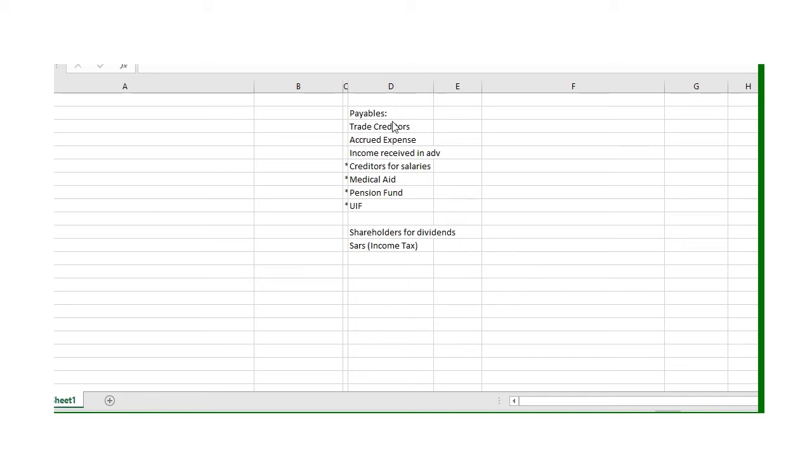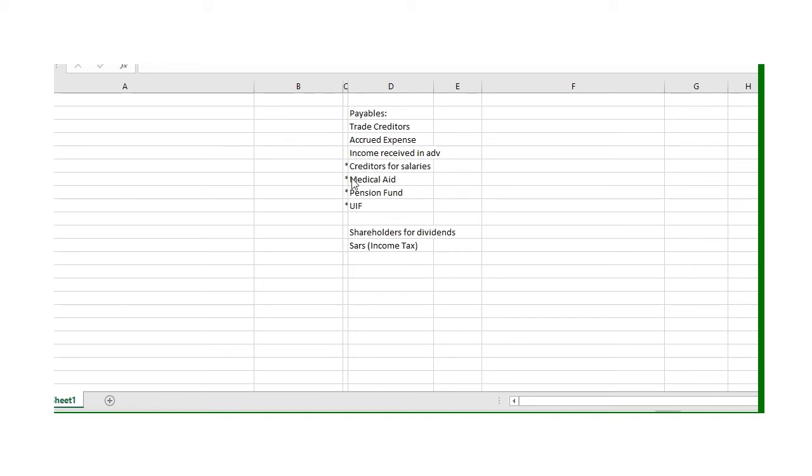So basically under payables, the main one would be the trade creditors, then the accrued expenses, in other words, expenses we still owe, any income we received in advance, and then these four are basically if there was a note that we did not pay somebody's salary or something like that.